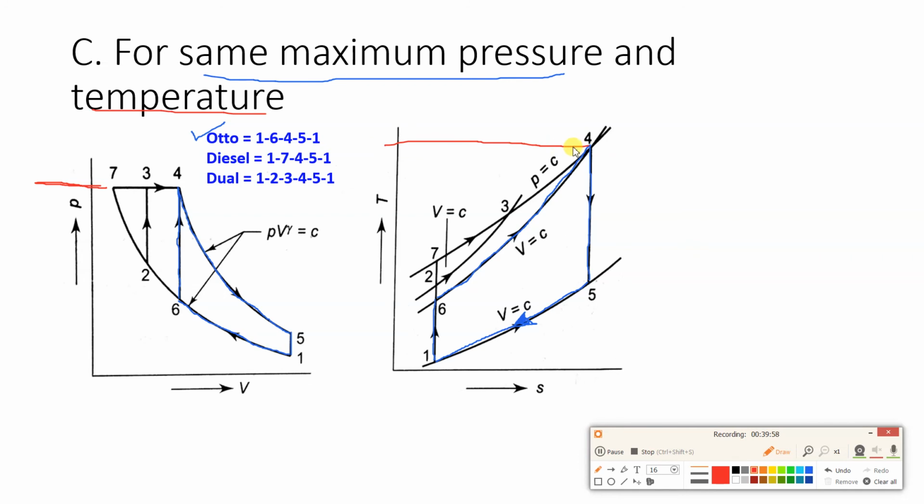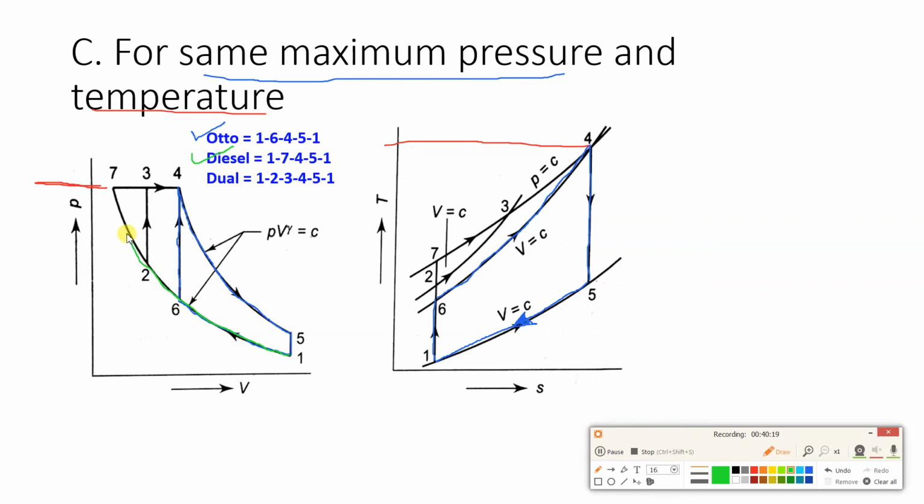So this you should remember. Now we will see the second cycle, which is diesel cycle. Process 1 to 7 is isentropic compression in case of diesel cycle.